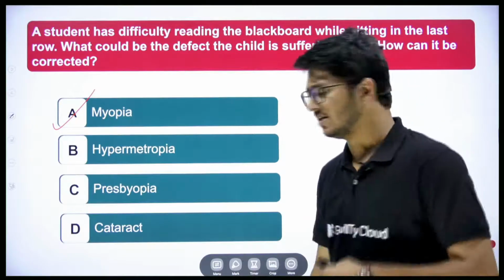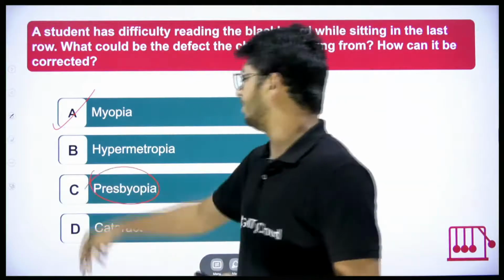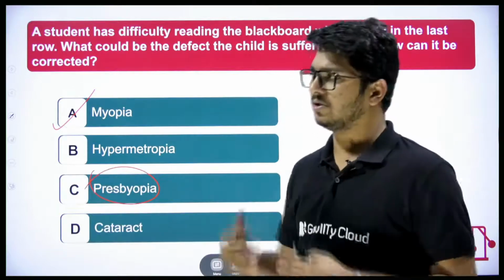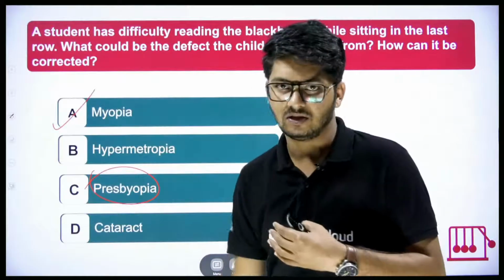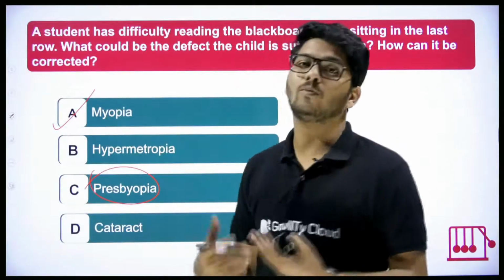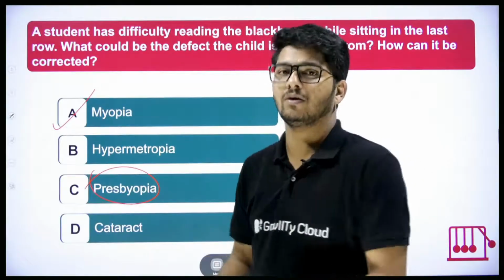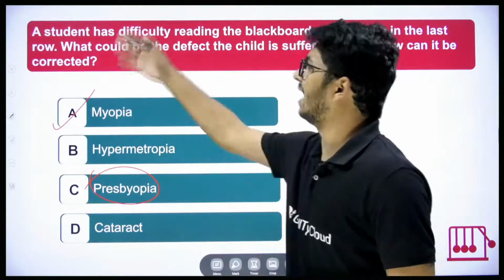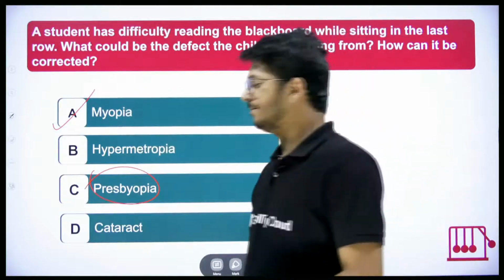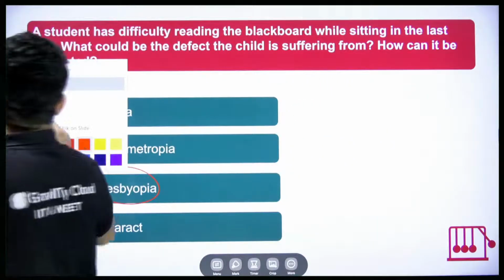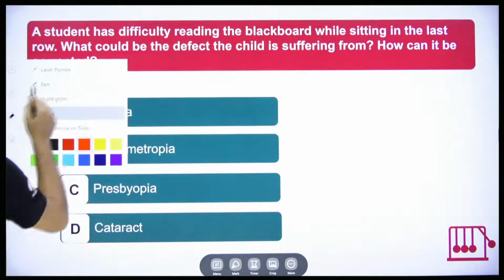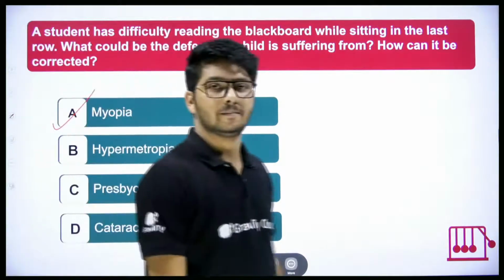And you might be asking, sir, why not presbyopia? In presbyopia also you cannot look at far objects. Agree, but presbyopia mostly occurs in elderly people, old people. But here we have a student. Students are young. So it cannot be presbyopia. It should be myopia.